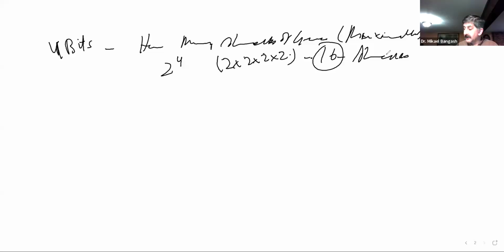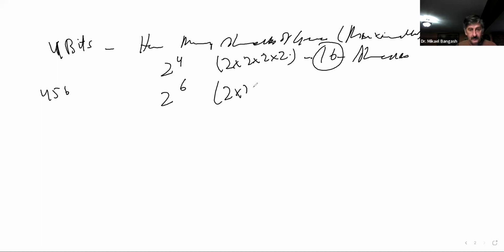Now question number 6, 456. With 6 bits, what is the largest number of gray shades that can be stored? The formula is the same, but here we go 2 raised to the power 6.